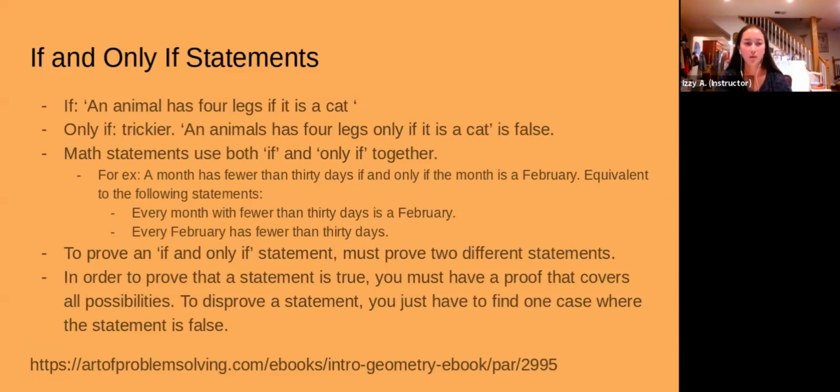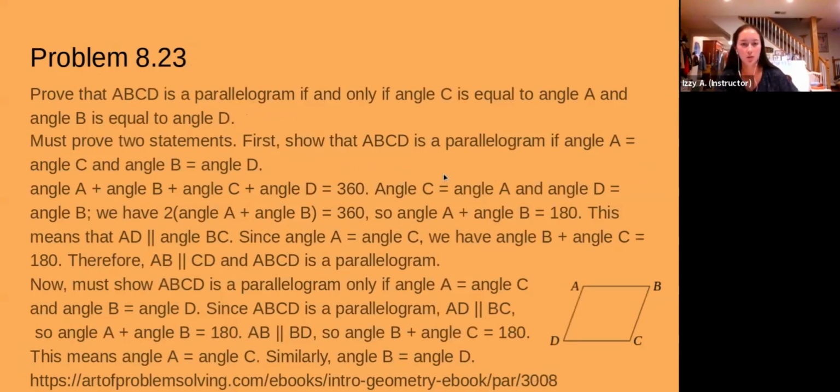Okay, because we're dealing with if and only if, I'm just going to go over it with you, because this concept is a bit different, I would say. For problem 8.23, we want to prove that ABCD is a parallelogram if and only if angle C is equal to angle A and angle B is equal to angle D. So we have a parallelogram here.